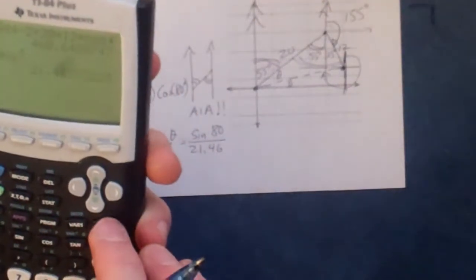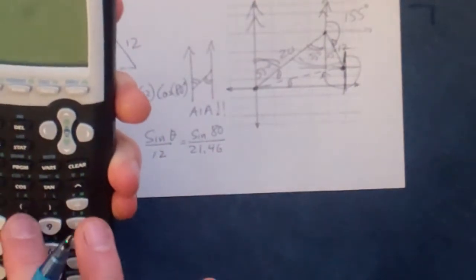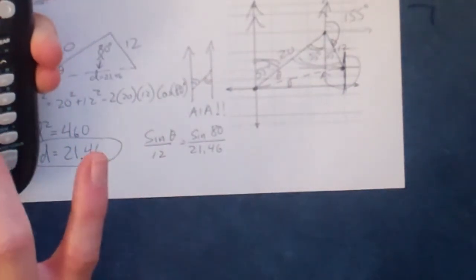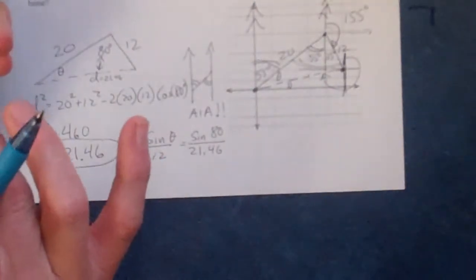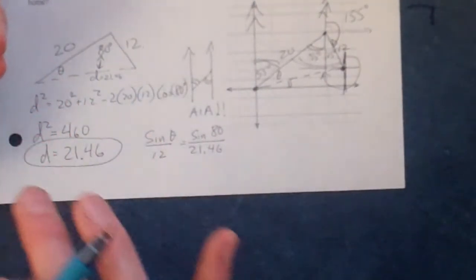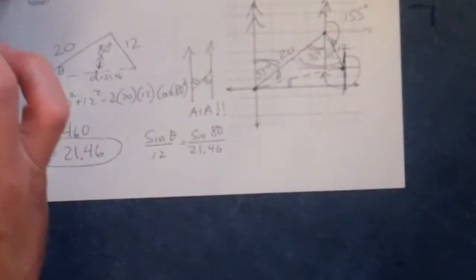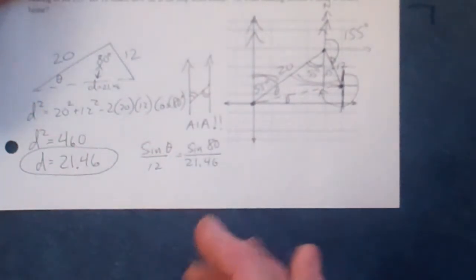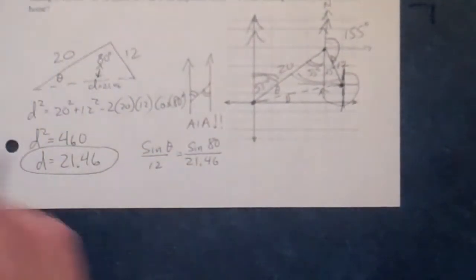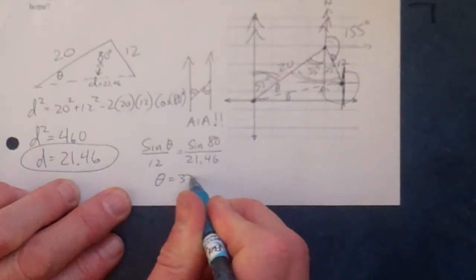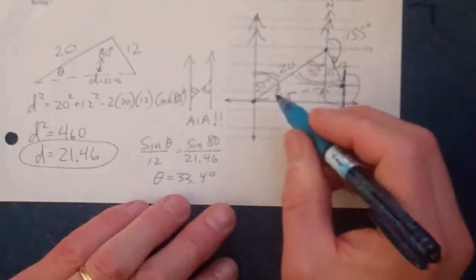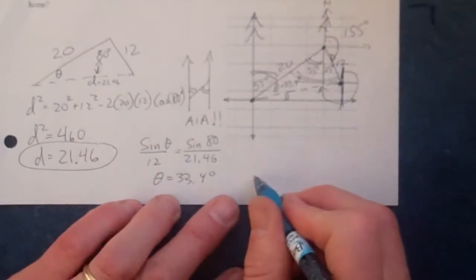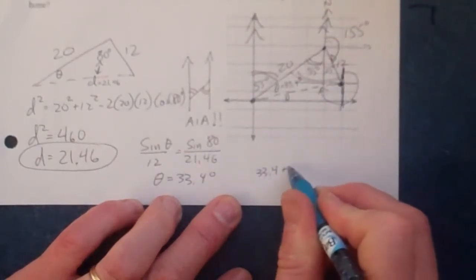So I take my calculator, and it is the sine of 80 divided by 21.46, and then I'm multiplying this by 12, and I get 0.55, so I do second sine and second answer, and I hit enter, and I get 33.4 degrees. So theta equals 33.4 degrees. Well, if this is 33.4 degrees, I do 33.4 plus 55.